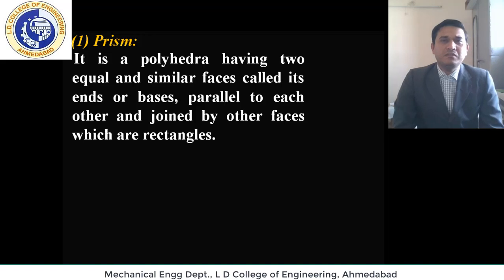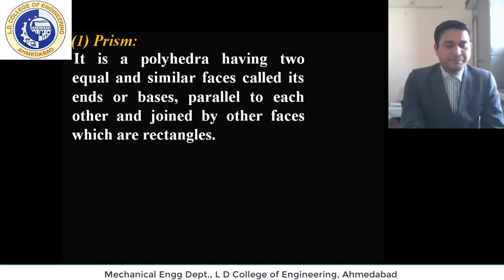Friends, a prism is under the category of polyhedra, and the special characteristic of a prism is that it has two equal and similar faces, called bases, which are parallel to each other. That is the main characteristic. These two bases are joined by rectangular faces.